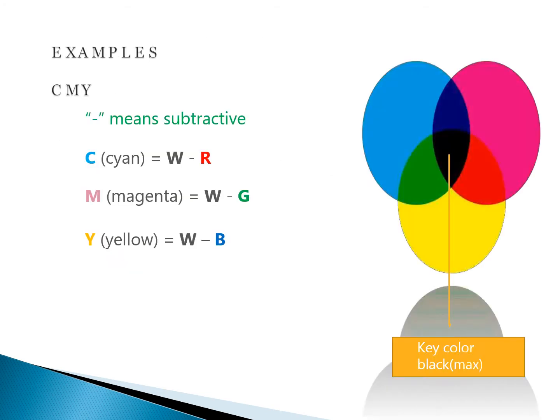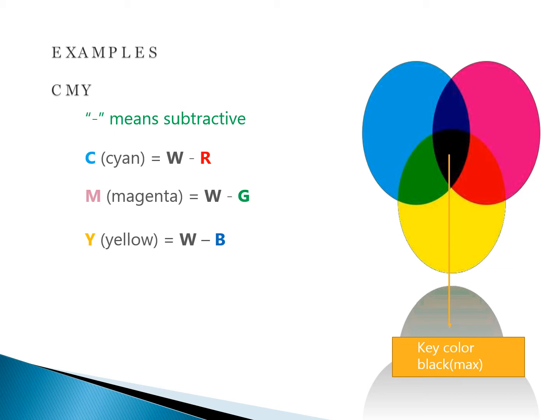You can look at the CMY color combination over here. We have the cyan color, the magenta and the yellow. And you can see at the center where all the colors intersect, that is equal to black color. So here the key color, when we combine all these things, is the black color.